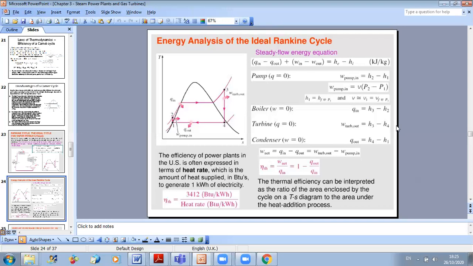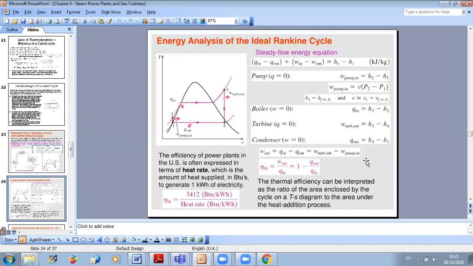And finally, for the condenser, what is happening is that I am losing heat. So I have Q out as the difference between H4 and H1. Just a small note for you, because here they are considering only the absolute values.